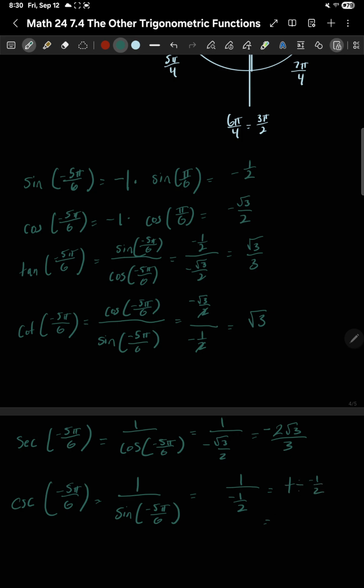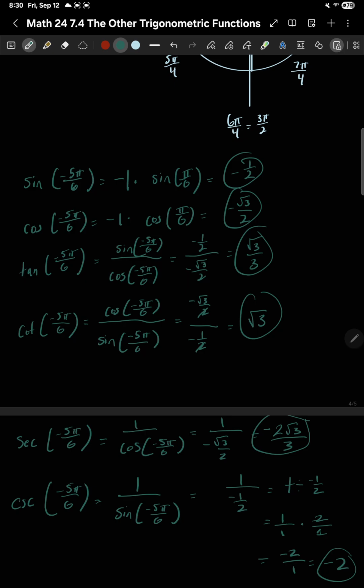Change the 1 into a fraction. We don't like to divide by fractions. We'd rather multiply by the reciprocal. And so 1 times negative 2, it's negative 2 over 1, which is just negative 2. Cool, so here are all our solutions for the 6 trig functions of negative 5 pi over 6.